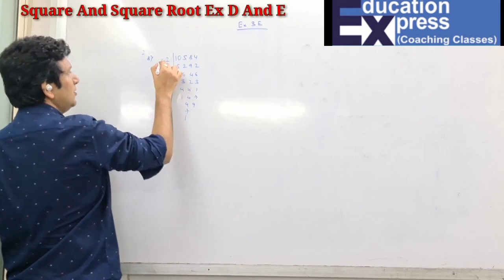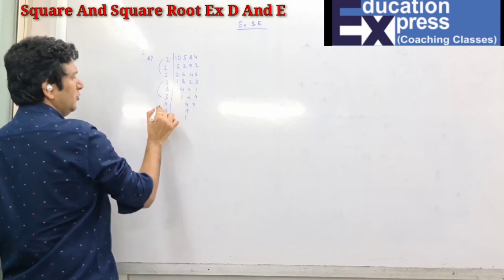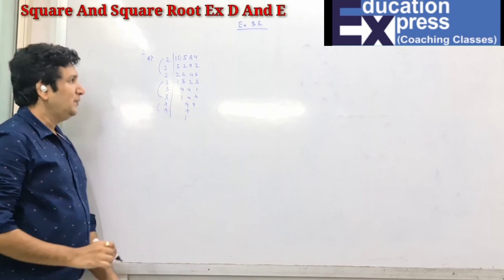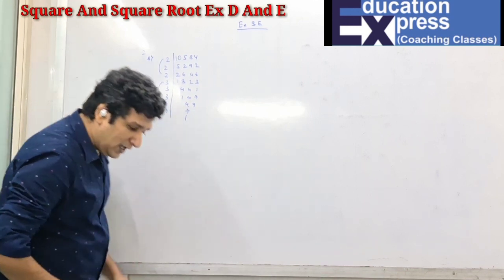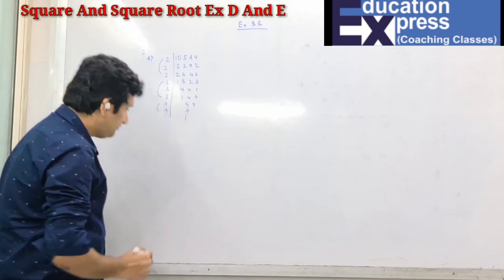Yeah, students, I have a group of 3 over here, but here I have only 2. That means the cube root is not possible of 10584.